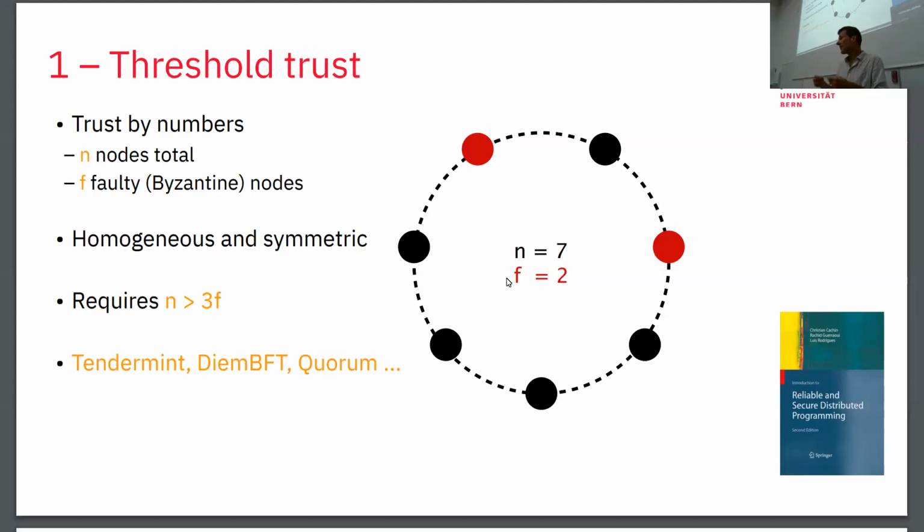Turns out that this model is very useful for certain things, but it's not useful for the approach that Satoshi Nakamoto wanted to pursue when he built the first peer-to-peer cryptocurrency, Bitcoin, that works without these types of votes, because they did not want to be identified. So a prerequisite to this model here is that you can identify who are the nodes in the system. And many systems use this kind of approach.